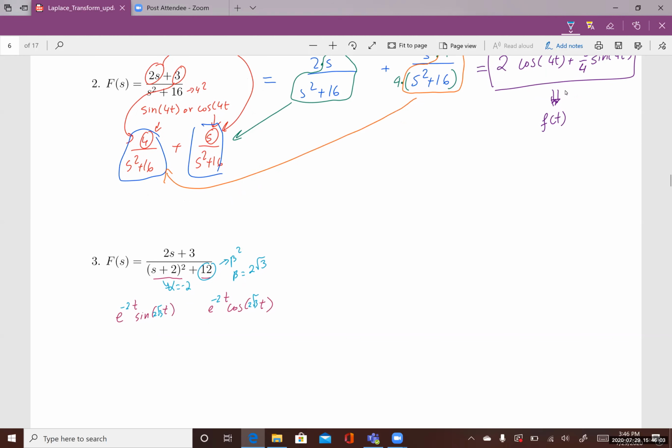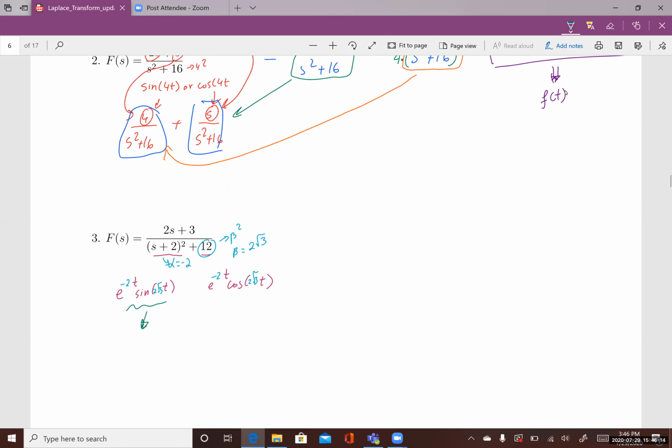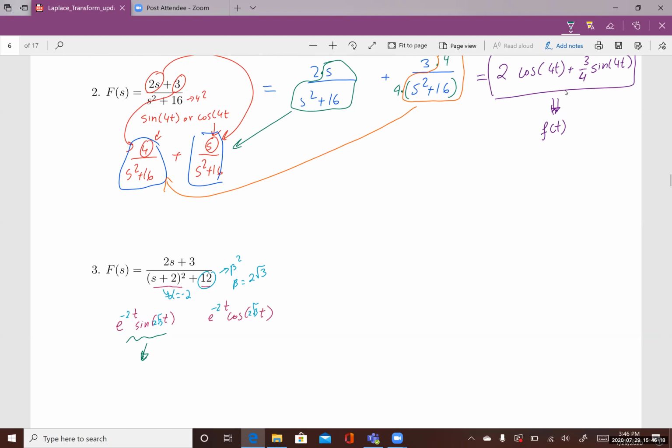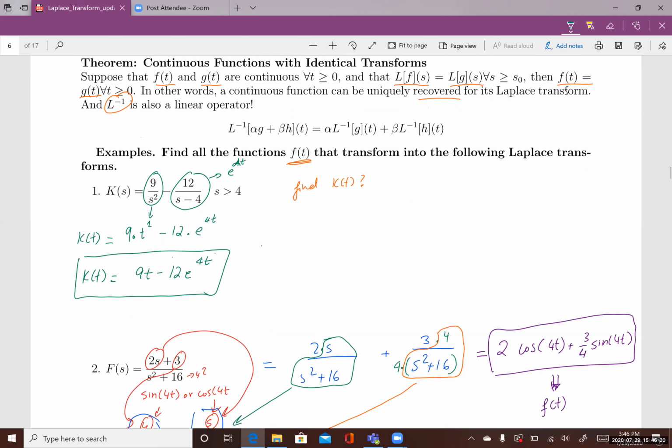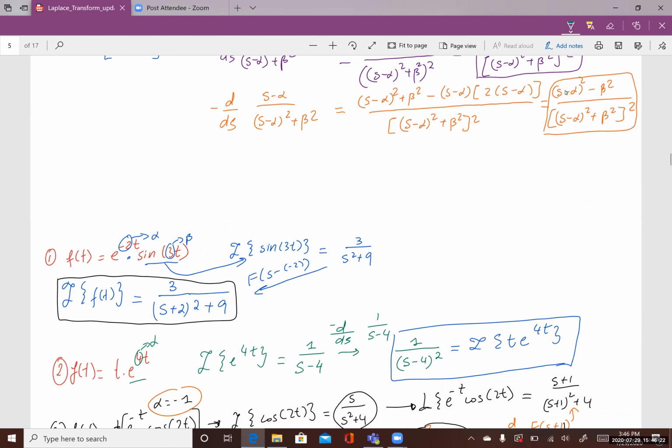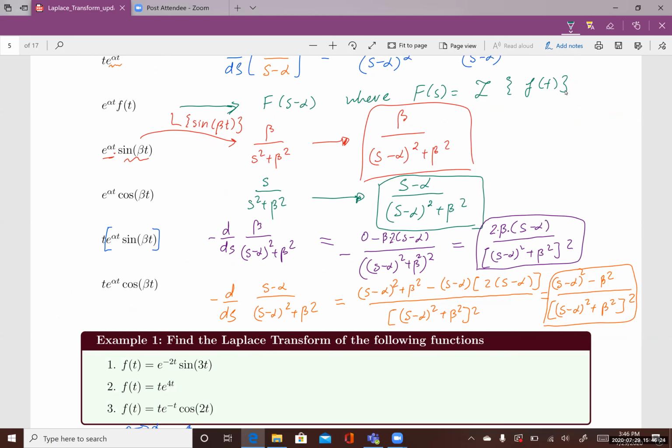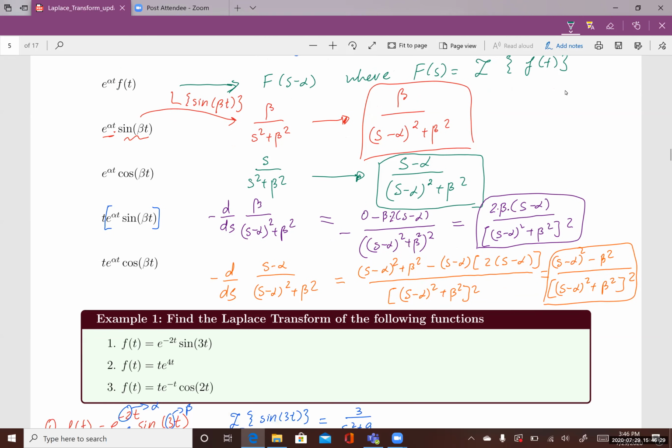Okay, and in this case, if I have these functions, then the correct form for the Laplace transform should be, look at this table here, s minus alpha for cosine and just beta for sine.